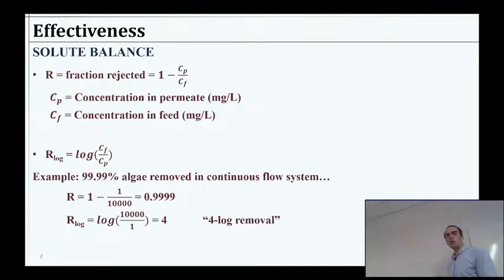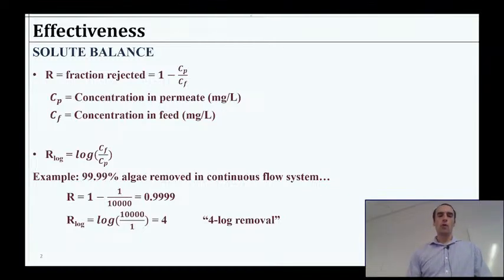So we can say uppercase R would be the fraction rejected. We could say the amount of stuff that we're filtering, the solute, in the last example that would be algae cells, the amount of those rejected, or the fraction rejected, would be 1 minus essentially the concentration that's remaining compared to what was in the feed.